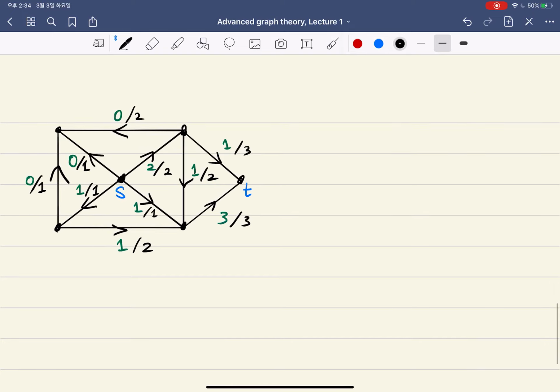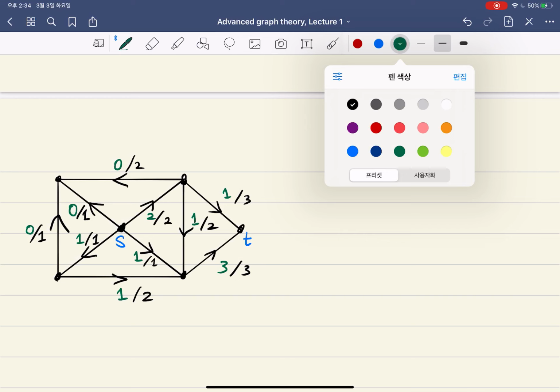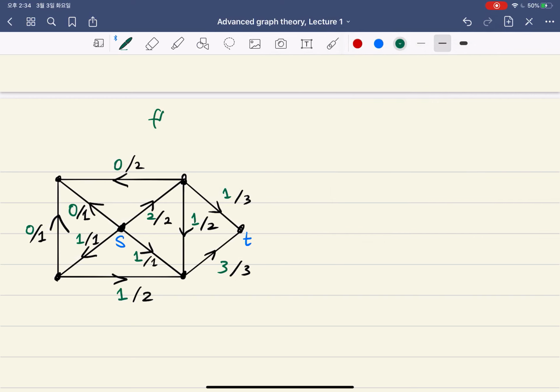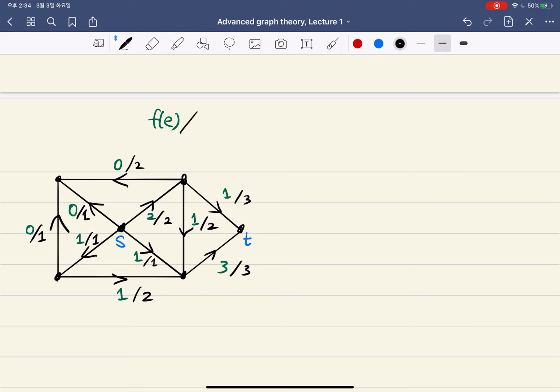So for example, if we have this flow, say this green numbers are the values of some flow, and then this black are the capacities of the edges. Then let's say this is the source and this is the sink.